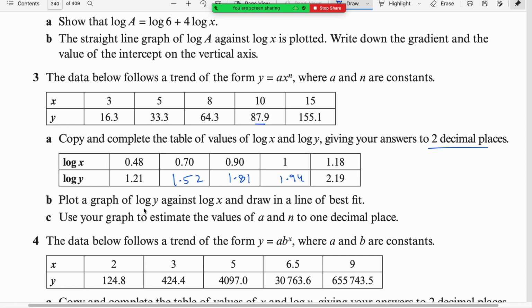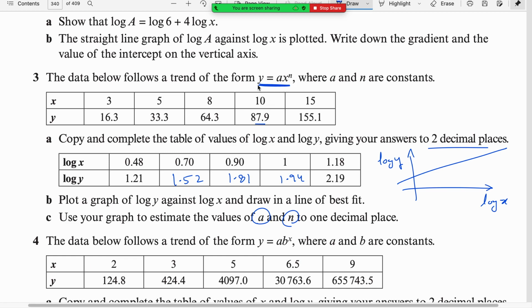Plot the graph of log y against log x. Now in this case, we already have these points, so I can see log x is increasing, log y is also increasing, and let me say this looks like this. Use your graph to estimate the value of a and n.